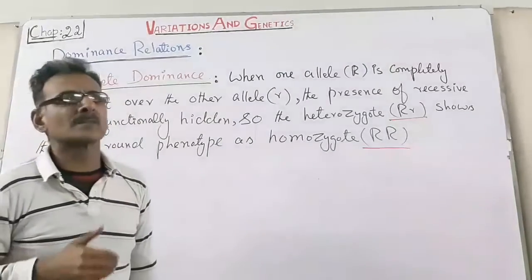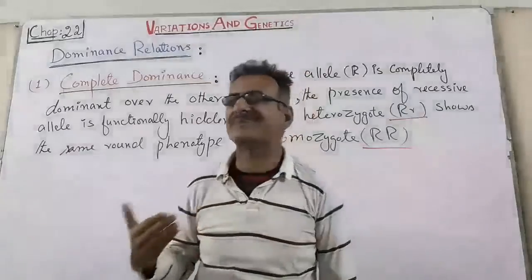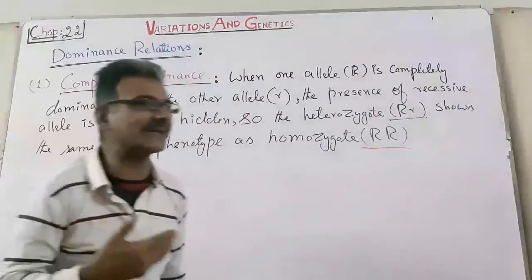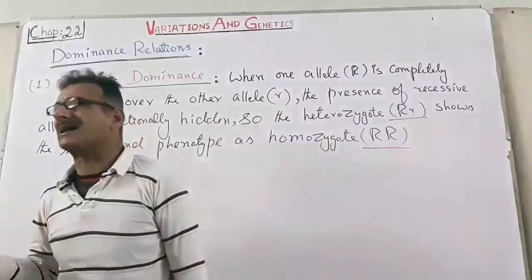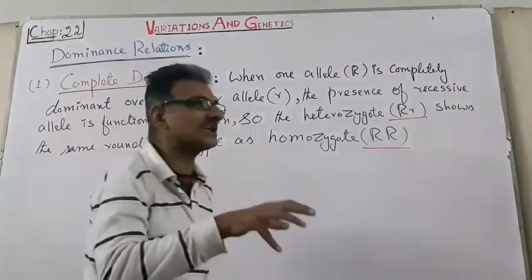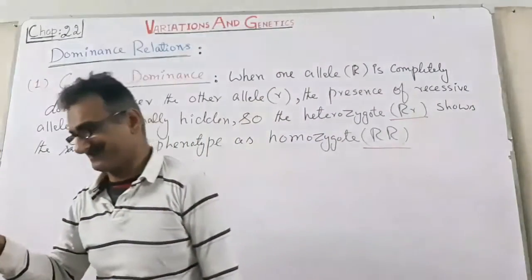When the true breeding round seeded plants are crossed with the true breeding wrinkled seeded plants, we get all round progeny. Wrinkled progeny is not produced in this class. It is hidden.